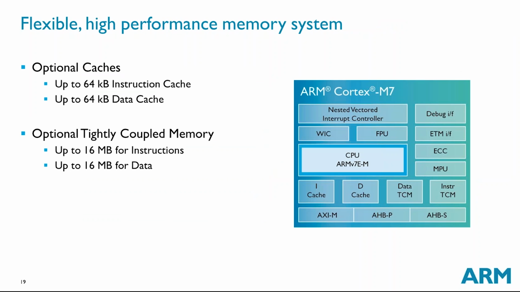Looking at the memory system, a first in the world of Cortex-M MCUs is the support for data and instruction caches, which can speed up memory access tremendously. Tightly coupled memory for both data and instructions has the same goal but works differently. Whereas the cache is filled with data and instructions by the cache logic during the regular program flow, the developer statically places important data and instructions in the tightly coupled memory.